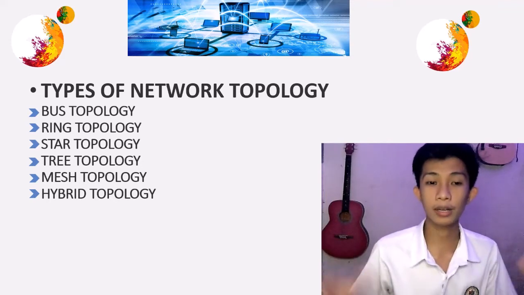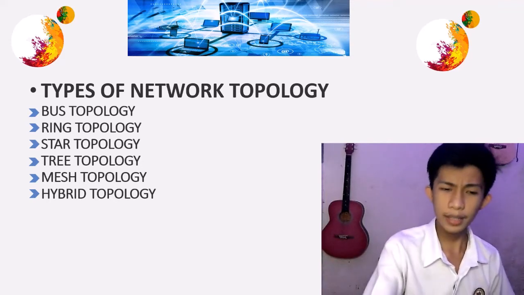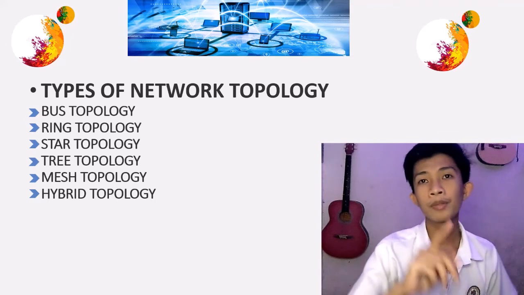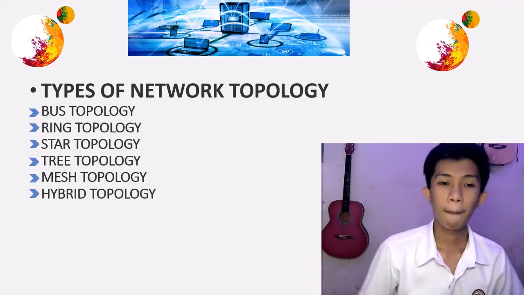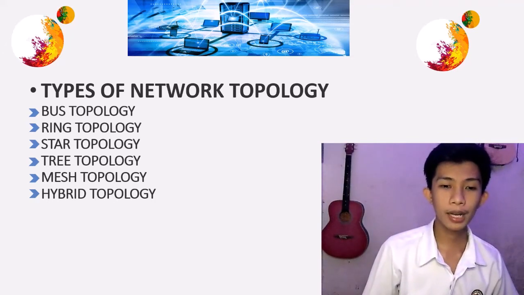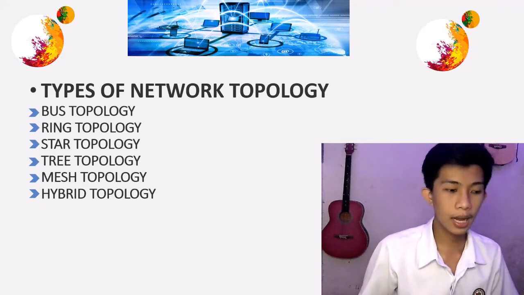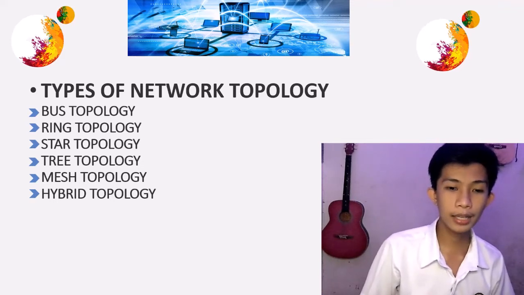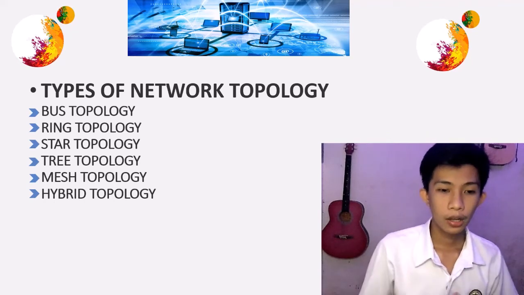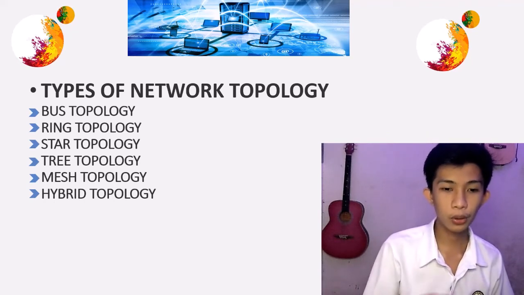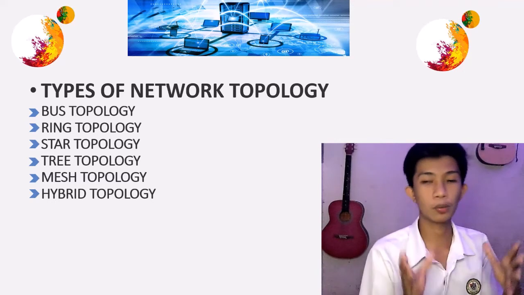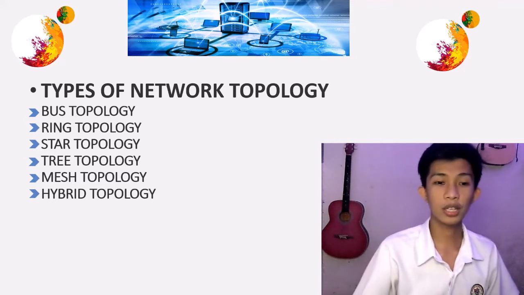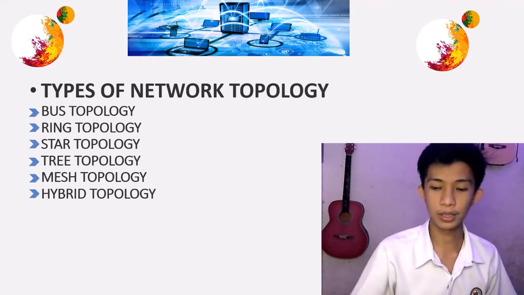Okay, magkakaugnay sila, that's mesh. And then the last is a hybrid topology. So the hybrid topology guys is ito yung pinakakaraniwang nakakatagpo sa mga malalaking negosyo kung saan ang mga individual na departamento ay may mga topology ng network na naiiba sa ibang topology na samahan. So that is a hybrid topology.